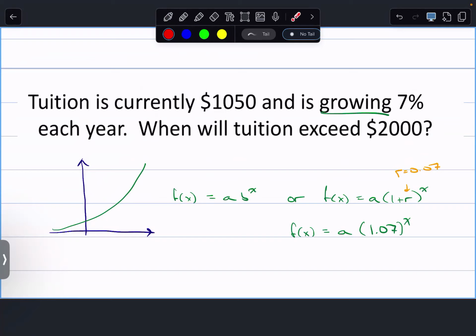So regardless of which one of these we use, f of 0 equals a. What would be nice is if I let x be 0. We could have used t as well. Then the tuition, f of 0, is 1050. That's where we're starting, so currently 1050.